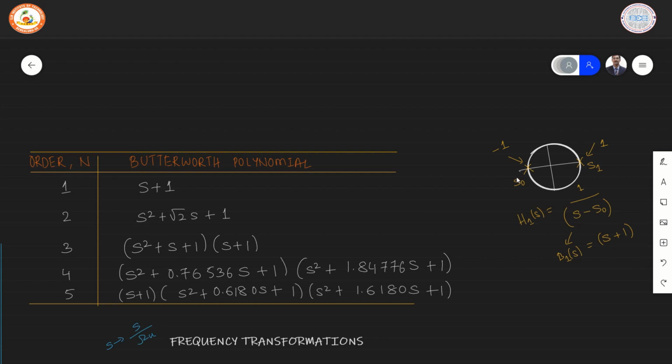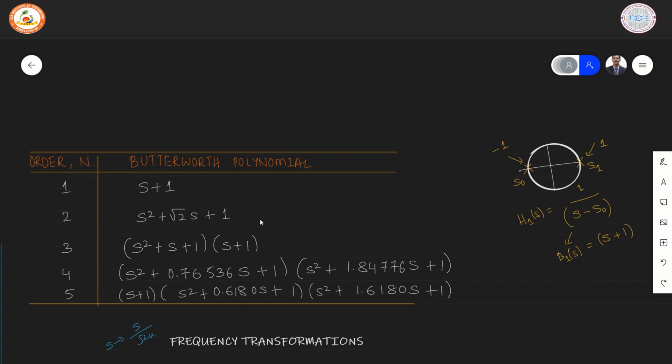The horizontal axis is the real axis, the vertical axis is the imaginary axis indicated by j omega. Therefore, we have one pole called S0 and one pole called S1. Both of them lie on the real axis, and hence this particular pole on the LHP has a value that is -1. So substituting in the equation would give you a simple Butterworth polynomial as s plus 1.